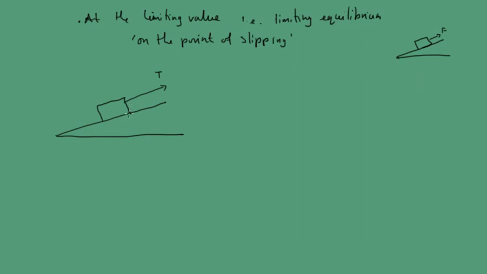So we've got our car here and we've got a tow rope on it, applying a force, which we're calling T. The tension in the rope is acting parallel to the line of the slope upwards. Now we don't know if the tension is there to try and pull the car up the slope. You might be trying to get this car to move up the slope, and so the tension in the rope might be trying to pull the car up.